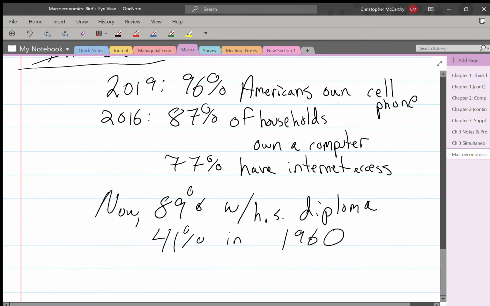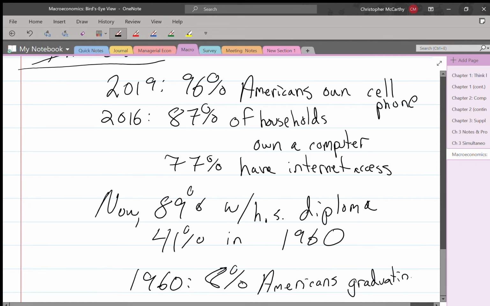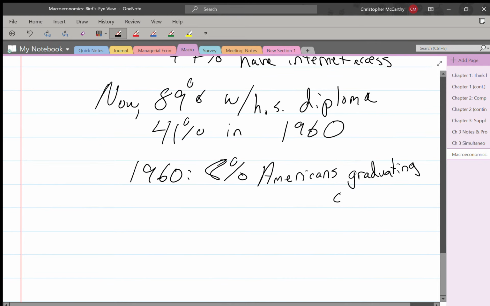You had in 1960 8% of Americans graduating college. Now we have 32%.